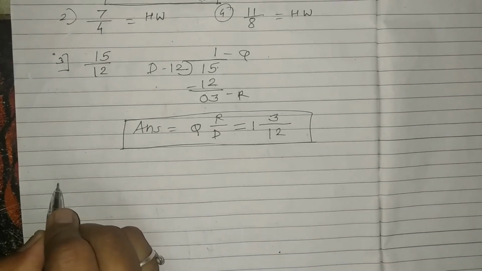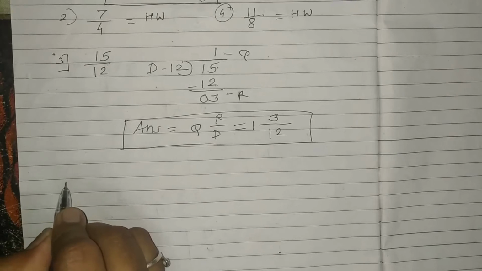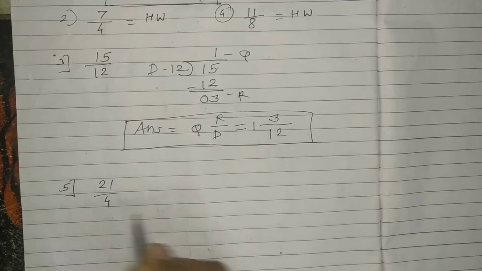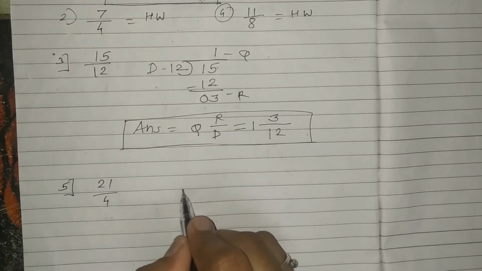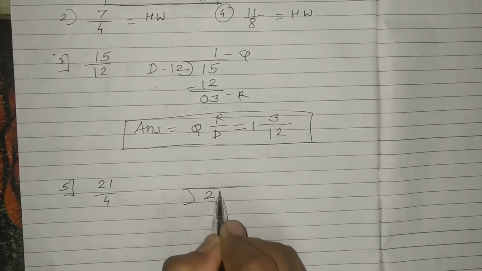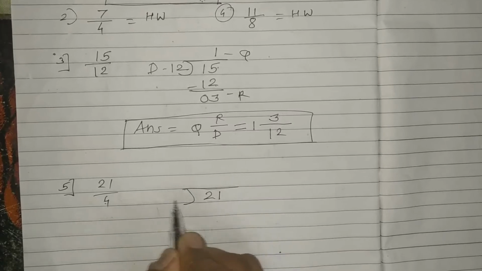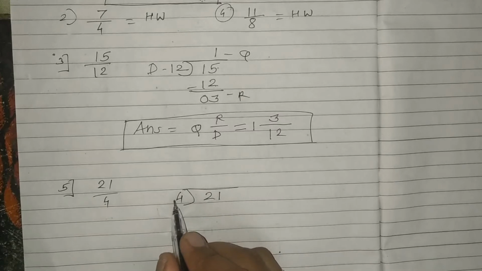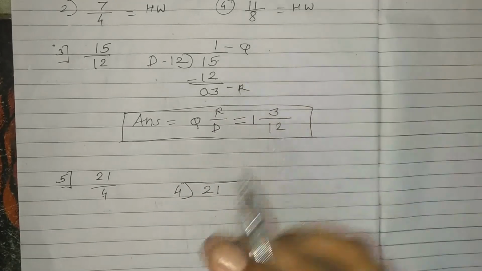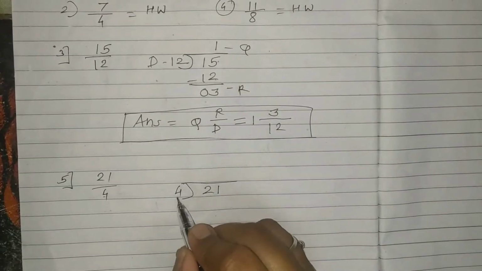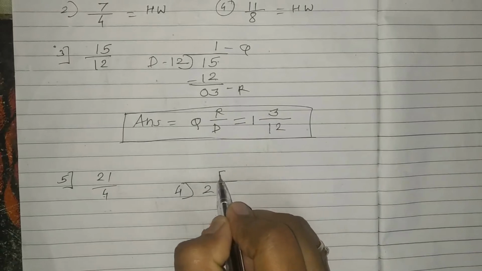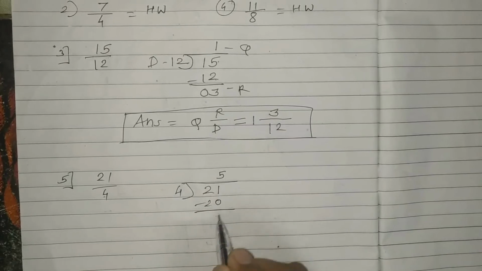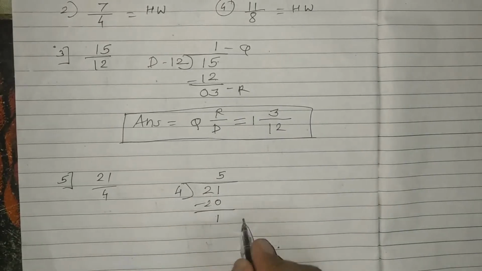Problem number 4 I gave as homework. Problem number 5: 21 upon 4. See students, 21, upside number in, downside number out, 4. I hope you have practice of such division. One I have shown; go the same way, students. 4 fives are 20. It will come automatically after practice. 21 minus 20 is 1.